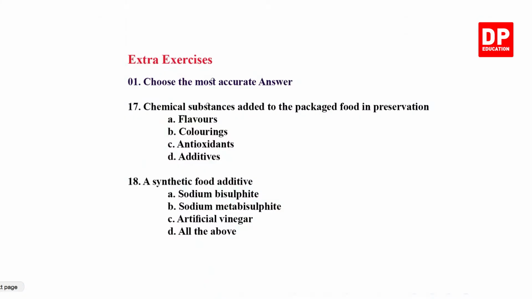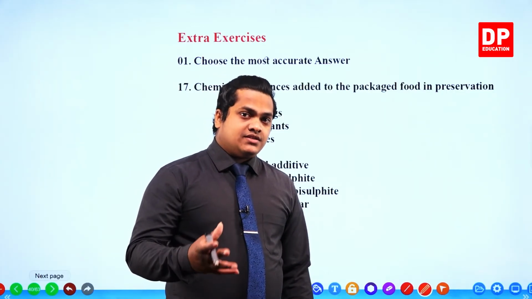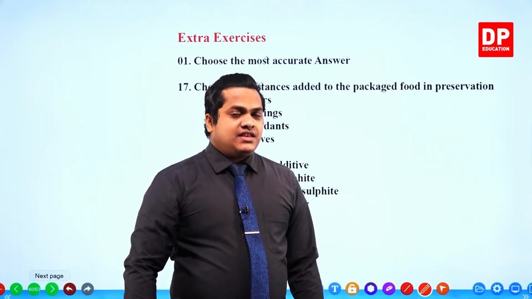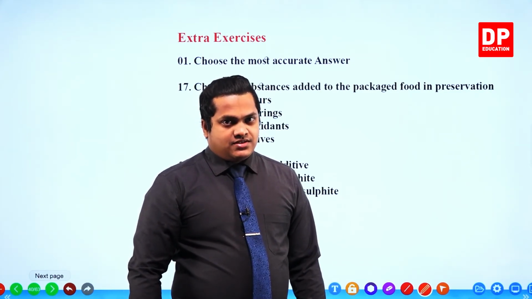Next one. Chemical substances added to the packaged food in preservation. Flavorings, correct. Colorings, once again correct. Antioxidants, correct. However, all of these things can be added to food items, and all of these can be considered chemicals.